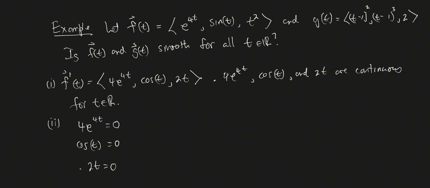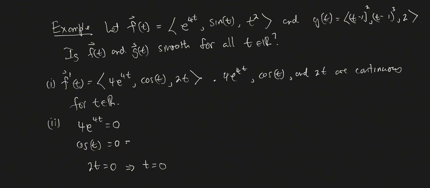Okay, so let's start with the easier of these three equations to solve. The third component is going to be 0 whenever t is equal to 0. All right, so we have that. This is our cosine function. The cosine function is going to be 0 at every odd integer multiple of pi over 2.